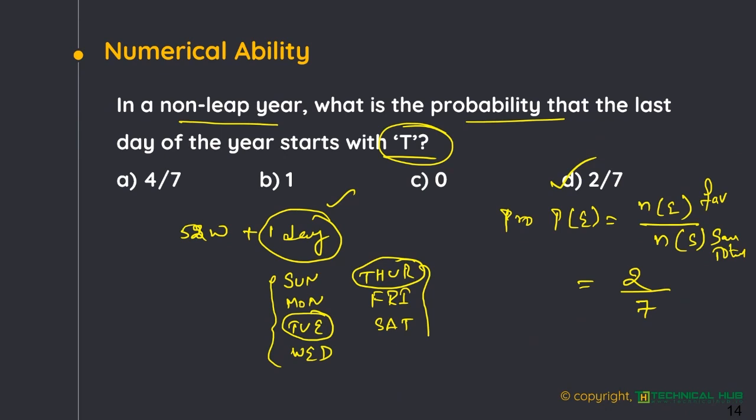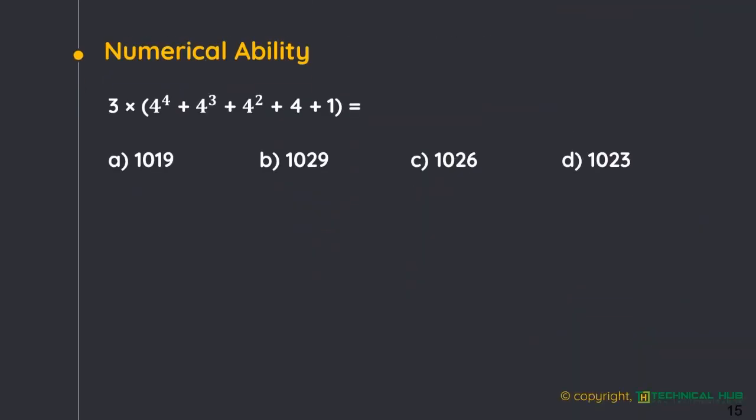Next question. This is just a calculation. 3 into 4 power 4, 256 plus 64 plus 16 plus 4 plus 1, 5, right? Here it is 80, 80 plus 5, 85. Now you can add these two.